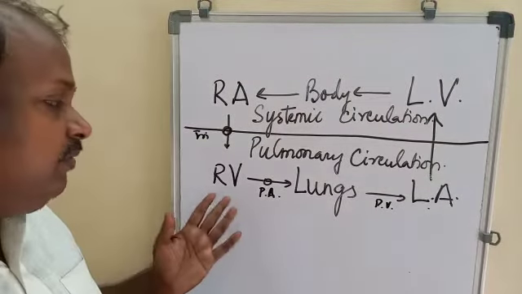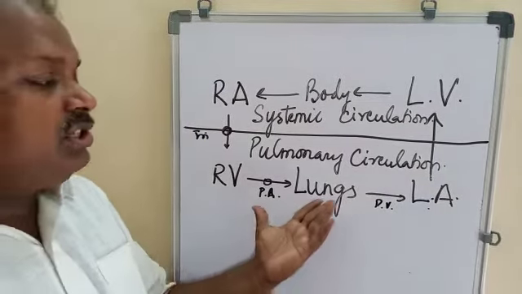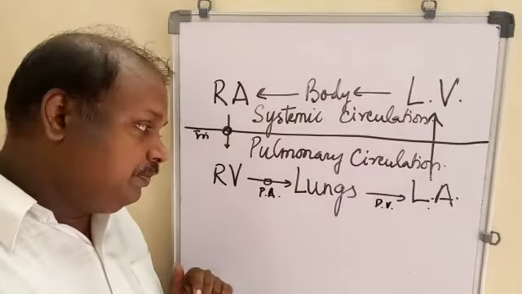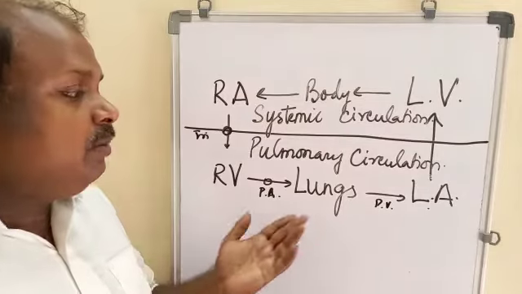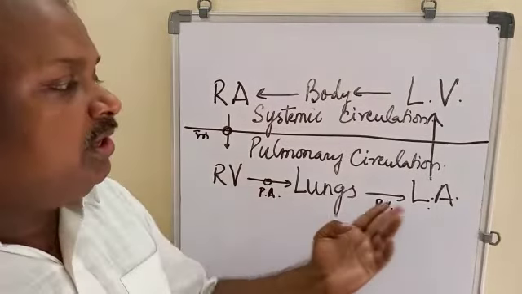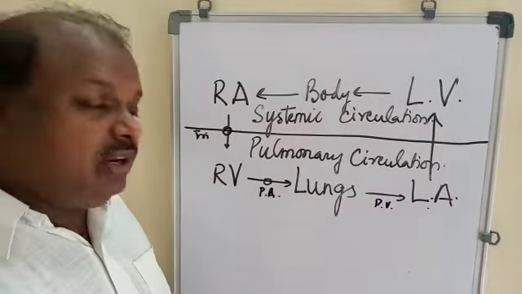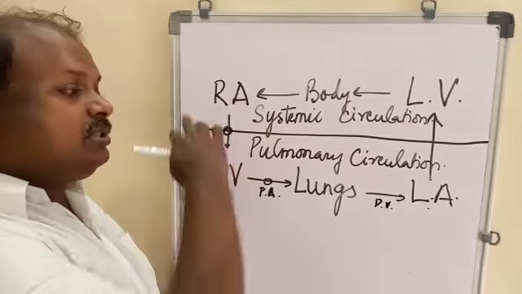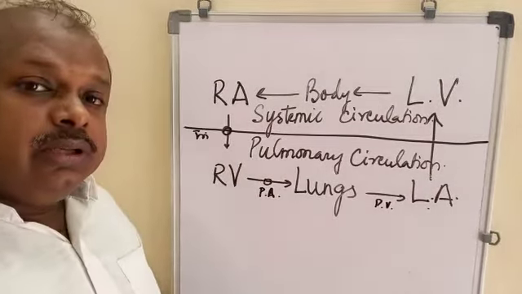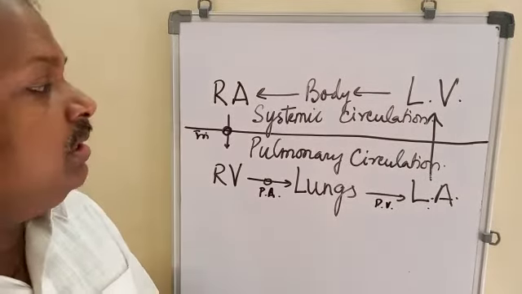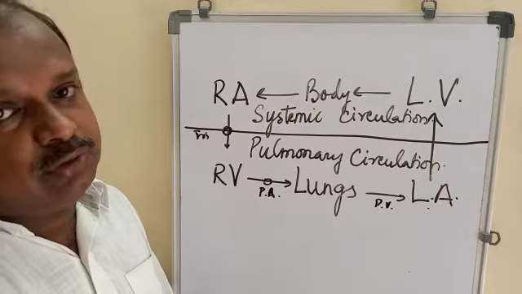Then from the right ventricle, the deoxygenated blood reaches the lungs with the help of the pulmonary artery. And then from the lungs, the oxygenated blood reaches the left auricle with the help of the pulmonary vein. So this complete system of getting the blood oxygenated, we are calling pulmonary circulation.